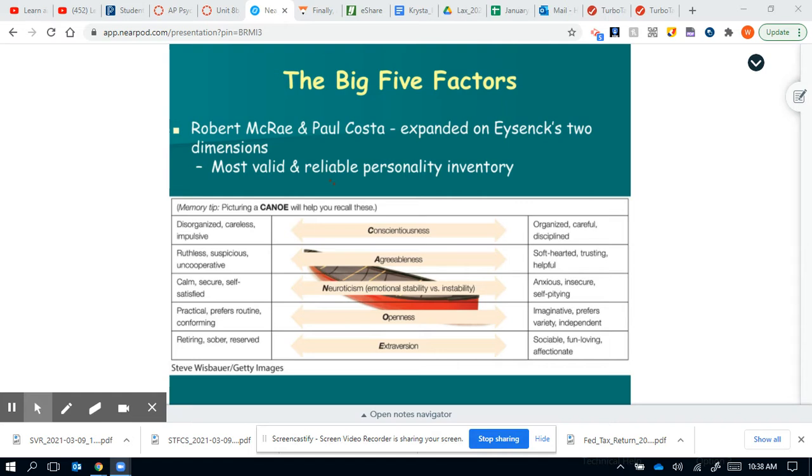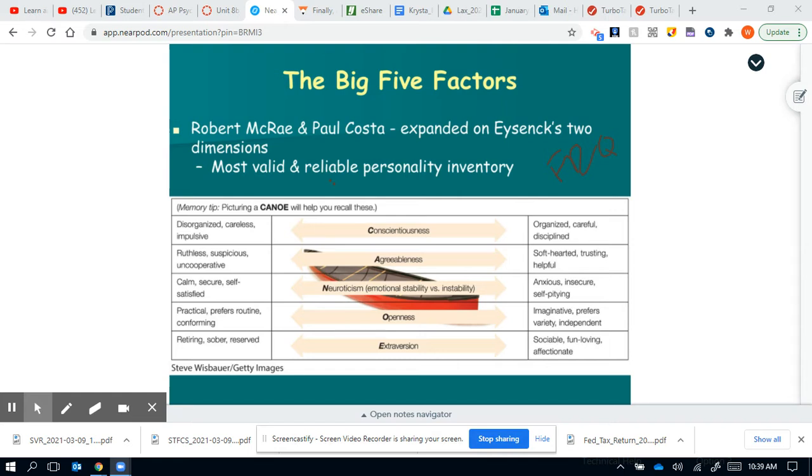Now, you need to know what these are, and you need to know a basic descriptor of each one of these, because there is a good chance you will see one of these come up on an FRQ. I'm going to go over them real quick, and then you're going to take the Big Five, and it's going to give you explanations of each one of them.